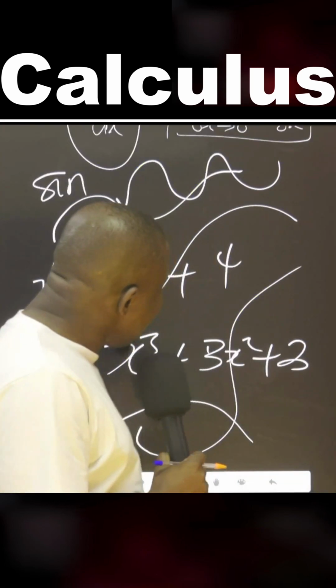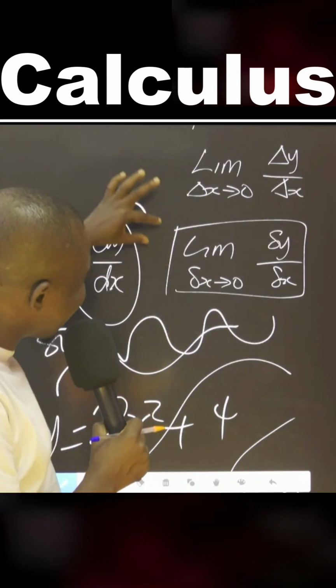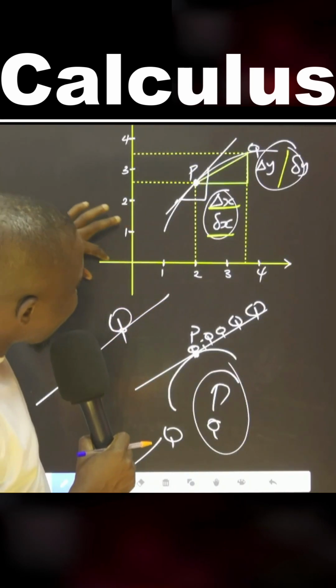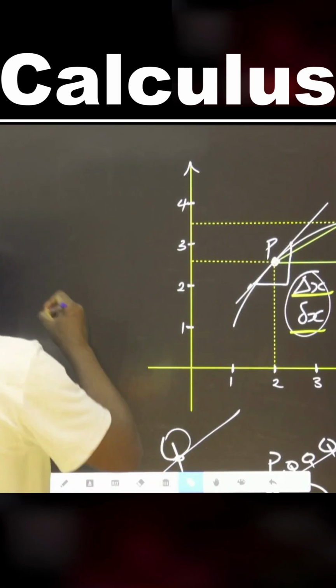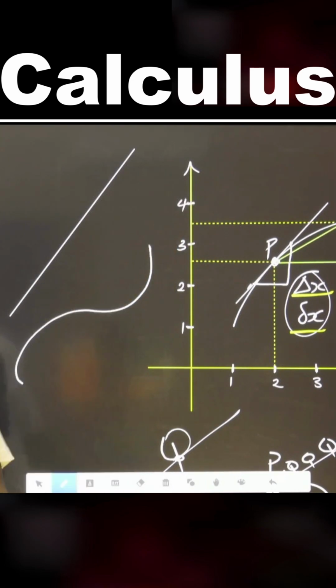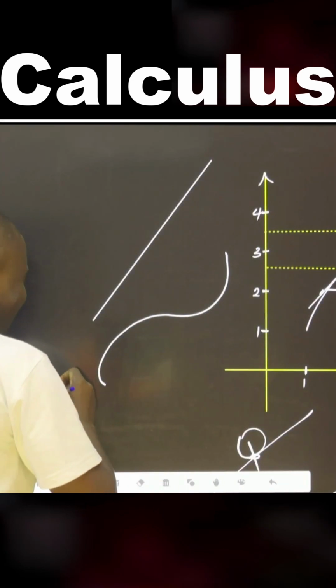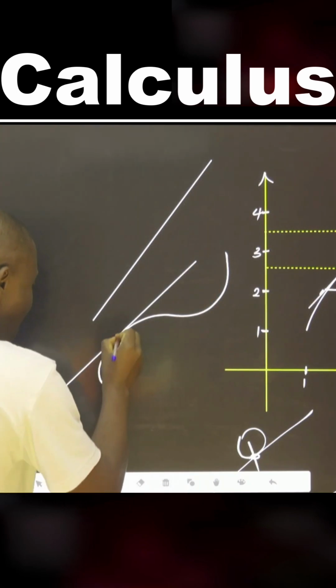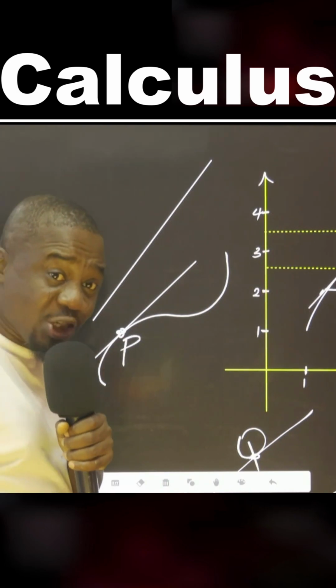So the reason for that is that we will be able to calculate the gradient of a curve. Because before you can calculate the gradient of anything, it must be a straight line. And the curves we are looking at are not straight lines. So we need to draw a tangent to touch them. At that point is what we are calculating the differentiation on.